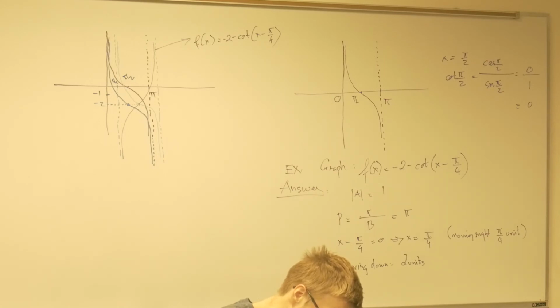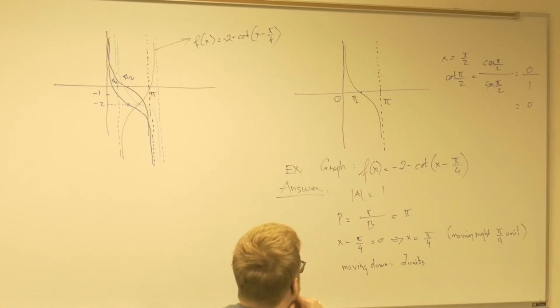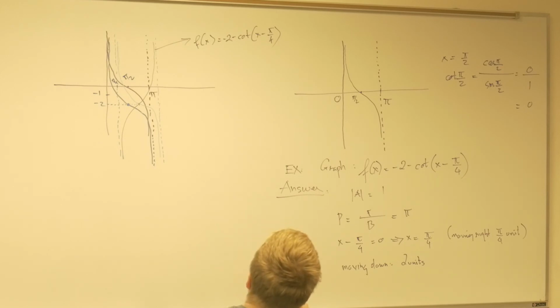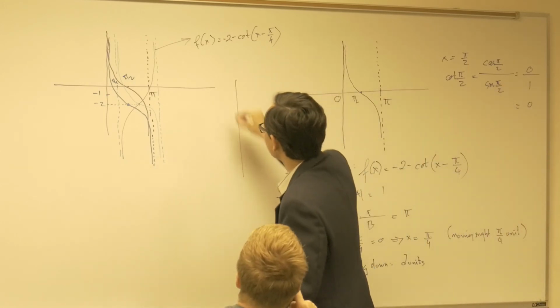I mean, it's 0 and pi, right? Yes, it's 0 and pi. It's different from tangent, because for tangent, between negative pi over 2 and pi over 2, you can graph the traditional way.